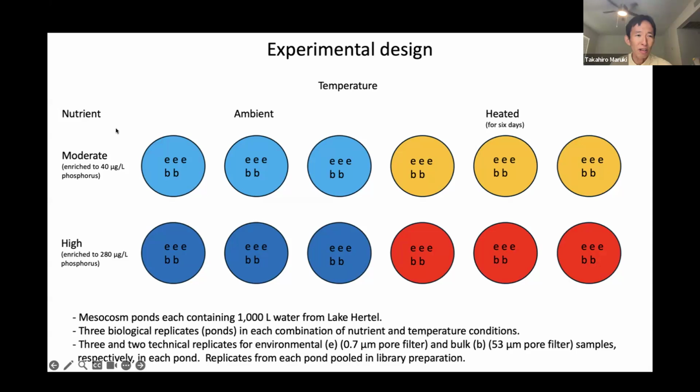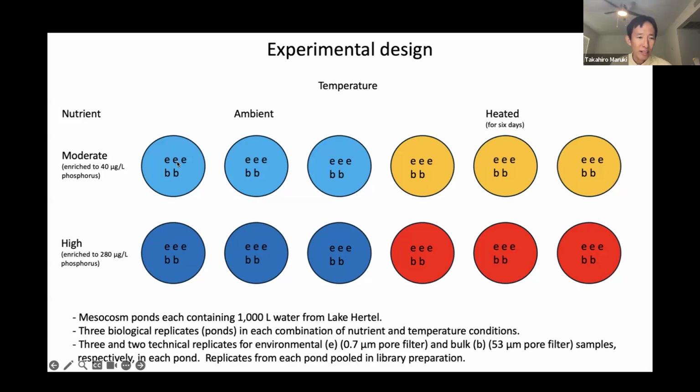For nutrient, we also have two conditions: moderate, enriched to 40 micrograms per liter phosphorus, and high, enriched to 280 micrograms per liter phosphorus. Each of the ponds contains 1,000 liters of water from Lake Hotel. There are 3 biological replicate ponds in each combination of nutrient and temperature conditions.